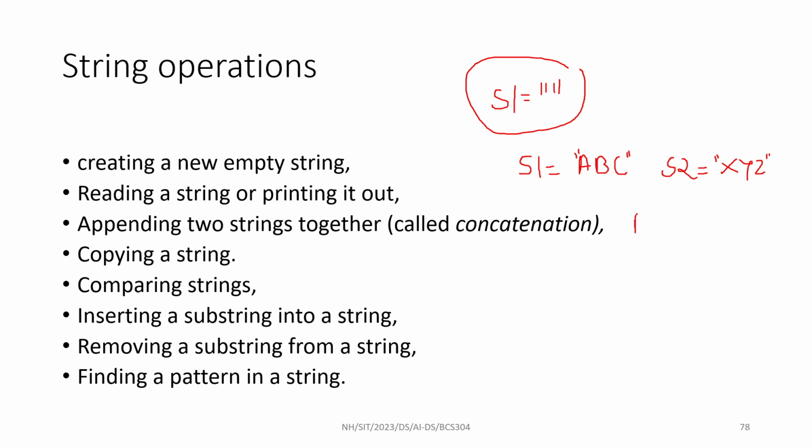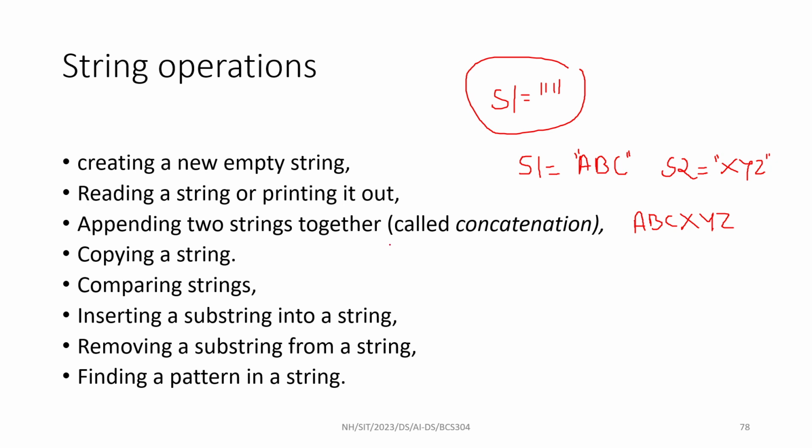That becomes ABCXYZ. This is called concatenation. S2 is joined after ABC. XYZ is merged after ABC, or S1 and S2 are concatenated, or S2 is appended after S1. So you can say it in different ways.